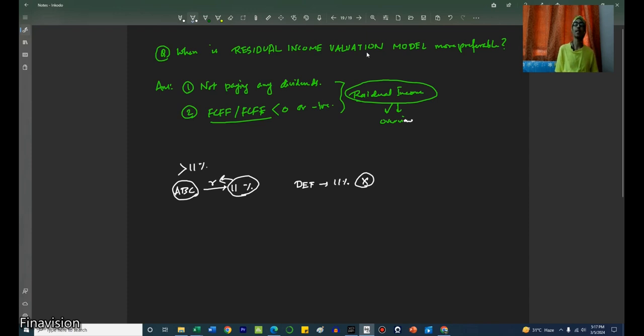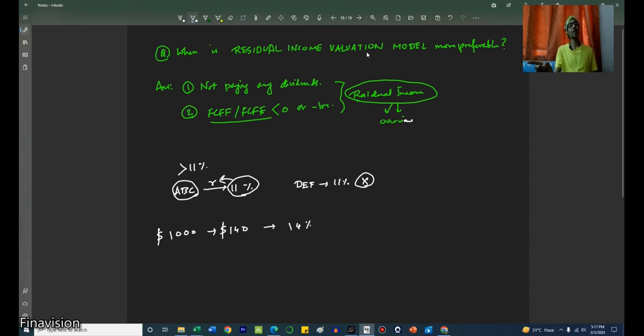So let's say you invested $1,000 here and you earned $140 in the first period. So this translates to 14%. So what is the difference between your required return, that is the return you have foregone to invest in ABC?